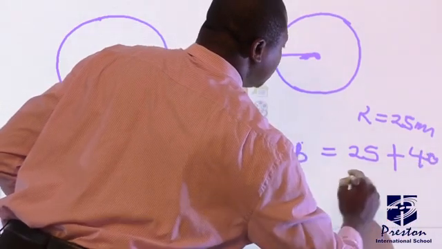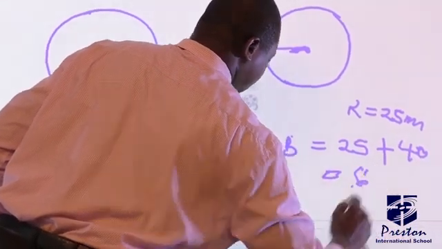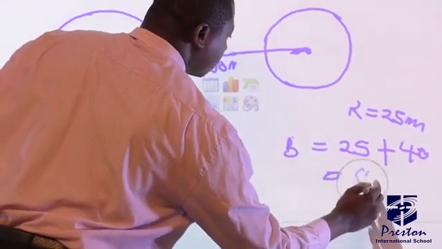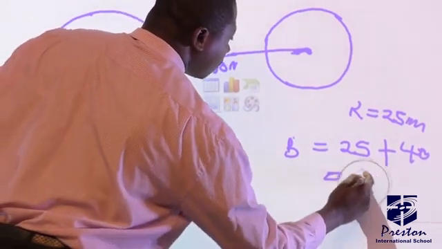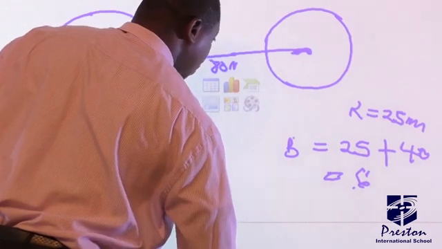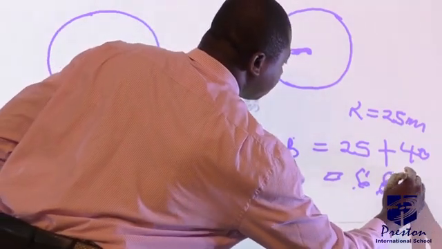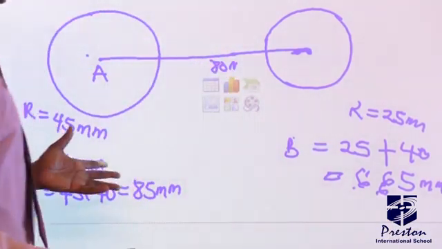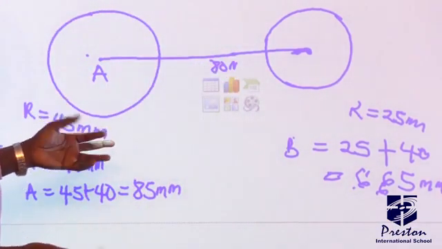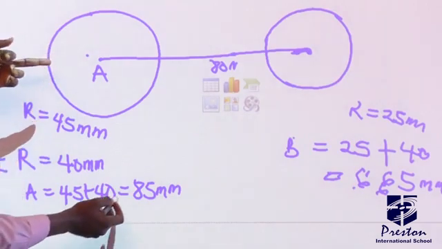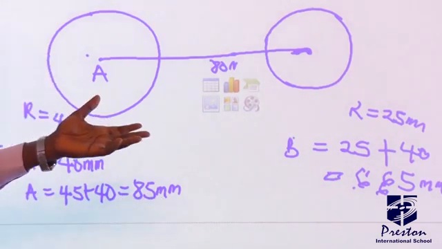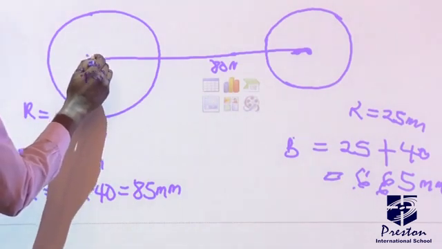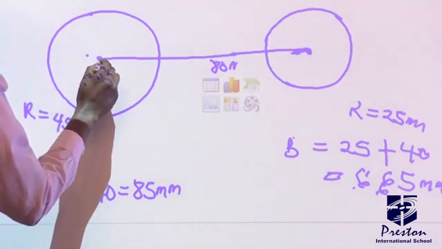Then you have 65 mm. Now, how do you do it? You extend your compass to 85 mm, which is 8.5 centimeter. You put the needle point here and draw an arc down.